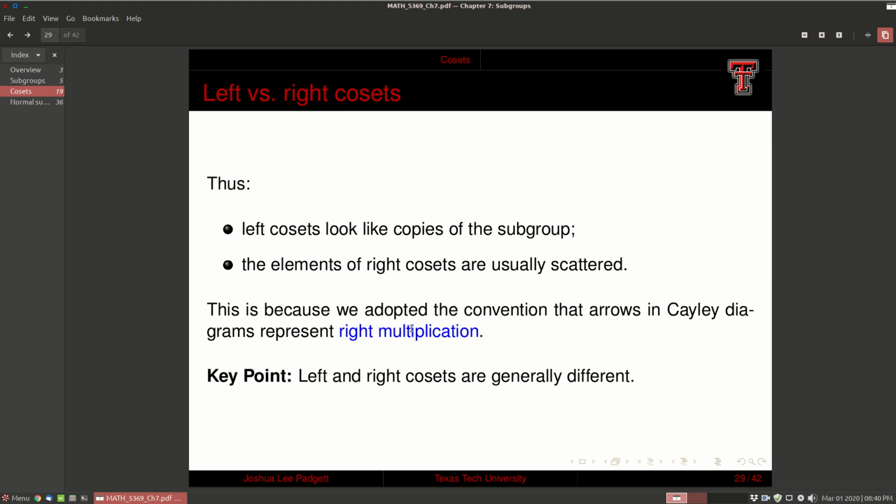And the reason for this is because we adopted right multiplication as our definition in Cayley diagrams. If we had used left multiplication, then these observations would switch. All right. So outside of abelian groups, left and right cosets are generally different, even though they are structurally very similar in the sense that I just take a subgroup and multiply by various elements. The difference is whether I multiply on the left or the right.